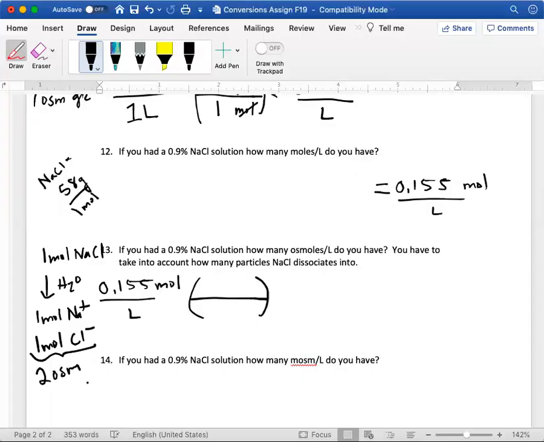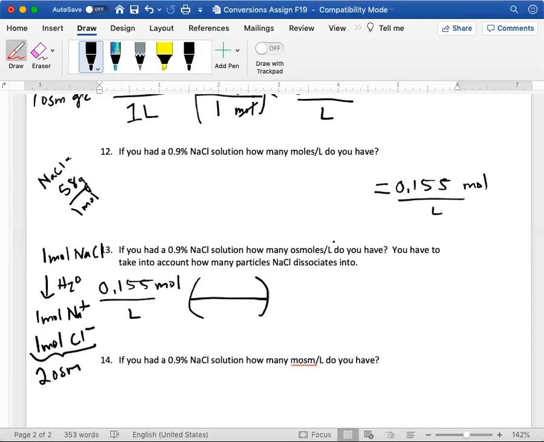It's really important to understand that when you're dealing with salts like NaCl or potassium chloride or calcium chloride, whatever moles you have, when you put it into the plasma or when you put it into water, it's going to separate into its ions. So you're going to have twice the amount of particles or 3 times the amount of particles. And so that's going to dictate the way that water moves.